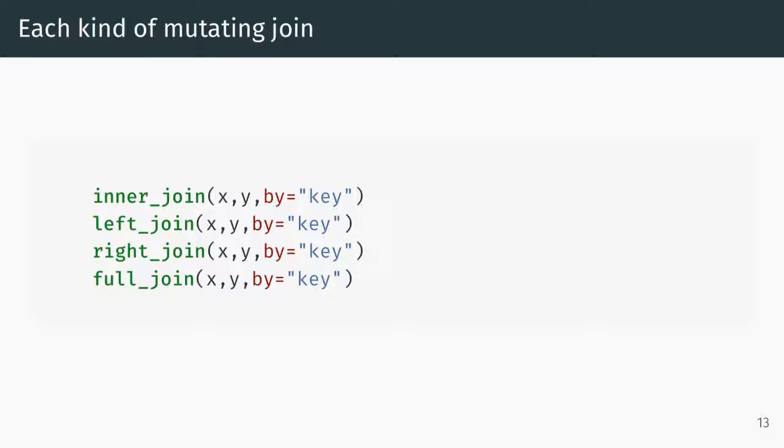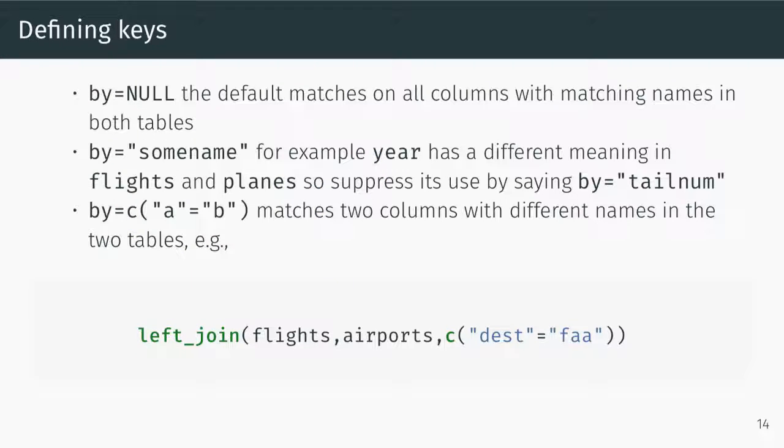In fact, I think the next slide, yeah, this slide shows us. The default is by equals NULL, and it matches on all columns with matching names in both tables. By some name, which is what we've done, is sometimes useful. An example of where this is useful is that year has a different meaning in the flights table than it has in the planes table.